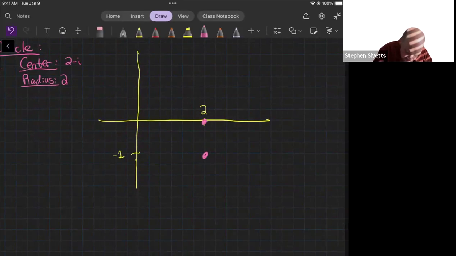Let's say 4 here, and then 0 is there. It's a circle, not an ellipse, so the drawing is not to scale here.